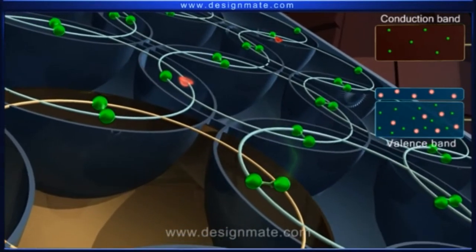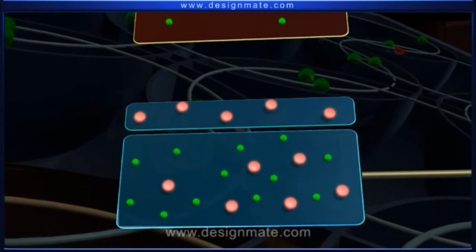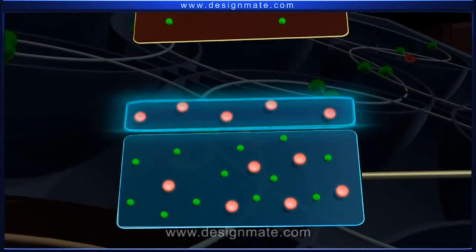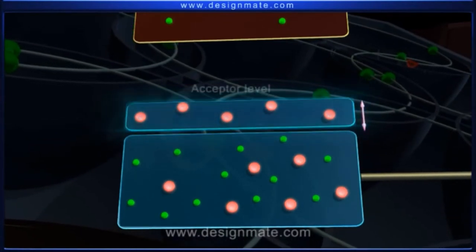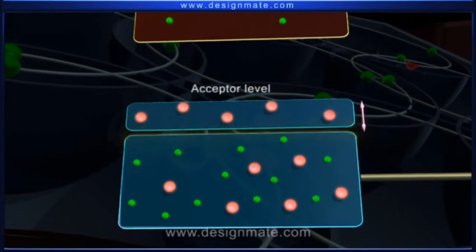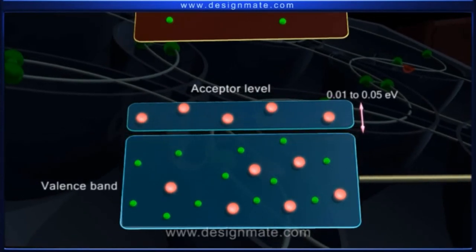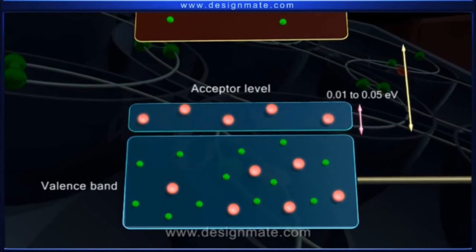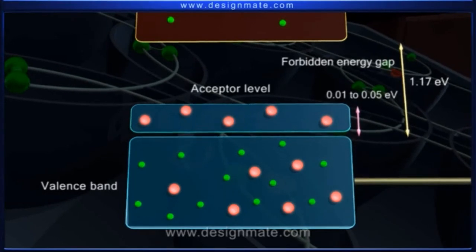This means the energy level of the holes created by the impurity atom is a little above the energy level of the valence electrons. The energy difference between the acceptor level and the highest energy level of the valence band varies from 0.01 to 0.05 electron volts. This is much smaller as compared to the forbidden energy gap of 1.17 electron volts.